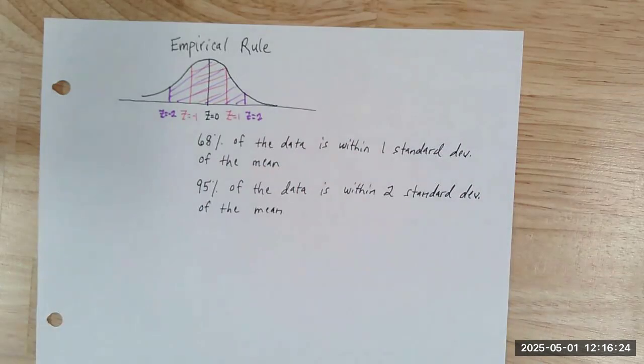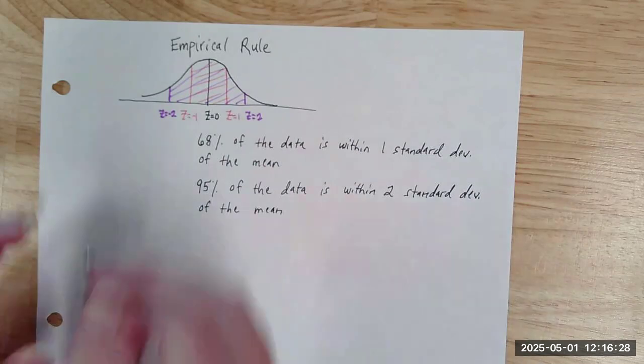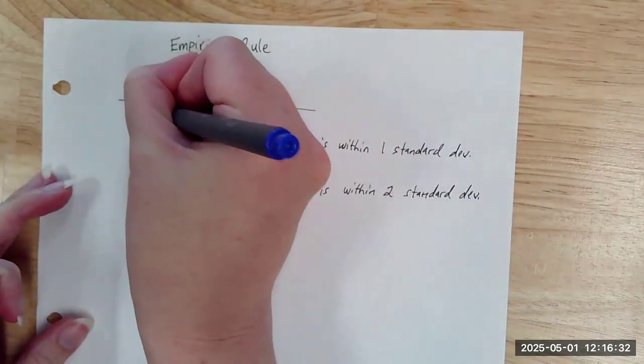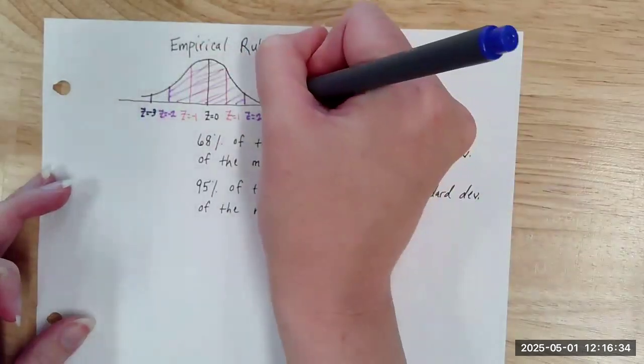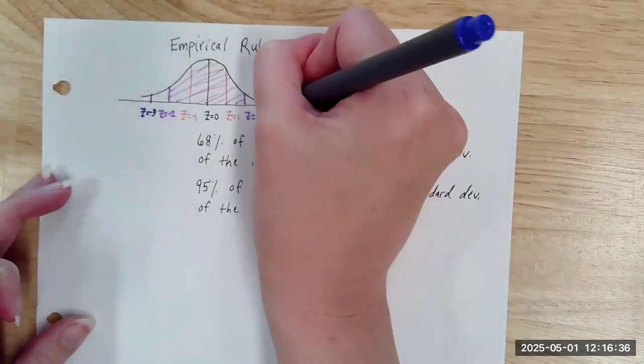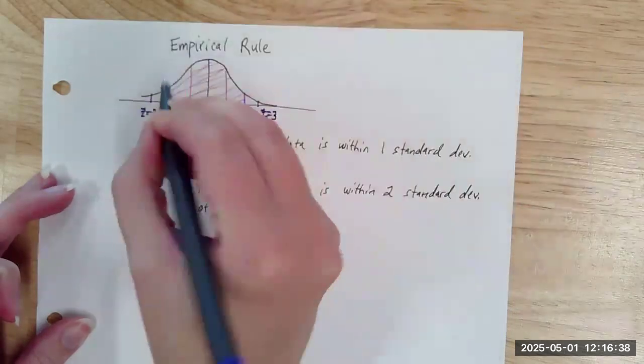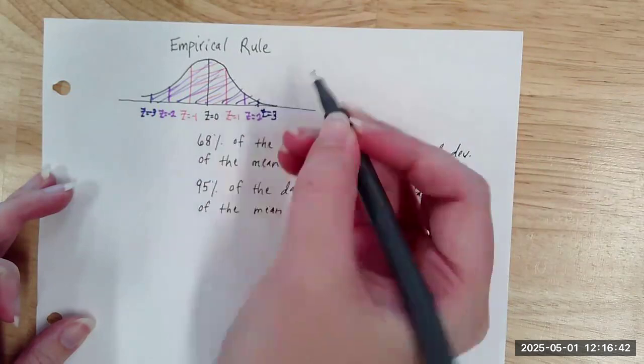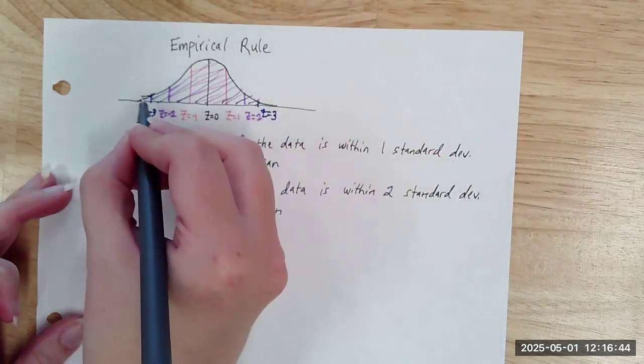And then if we went out 3 standard deviations, so that would put us at z equal to -3 on this side, and z equal to +3 on this side, then we've got almost the entire distribution filled in, except for just the tiny tails on either side.